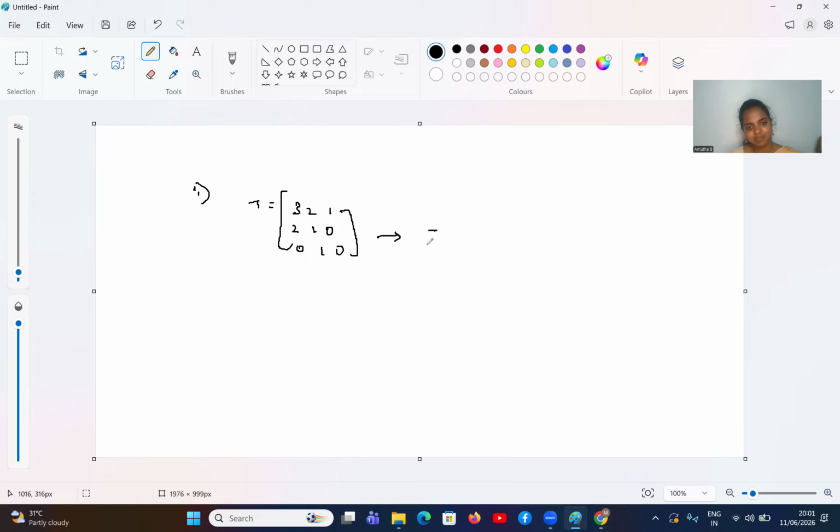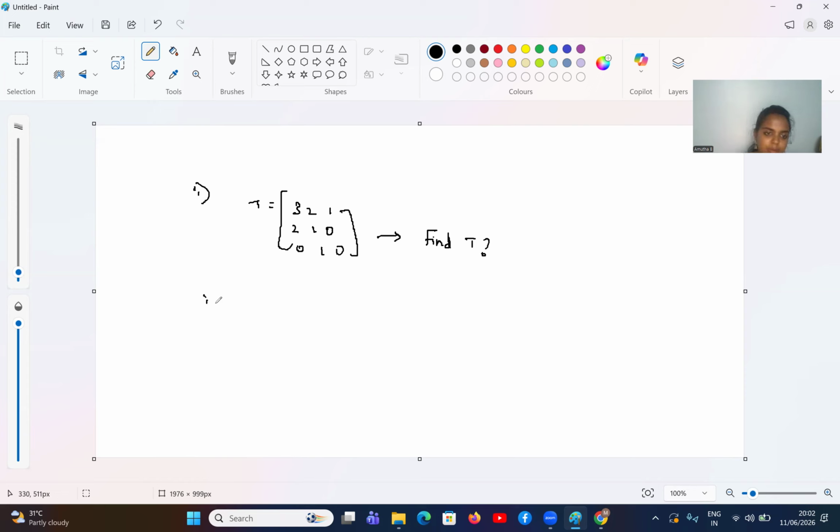Find T. So, by this problem, we can tell that any matrix can be represented by one map, and any map can be represented by a matrix. Okay, this is a very important topic in linear algebra.